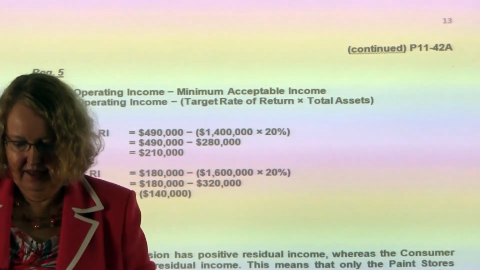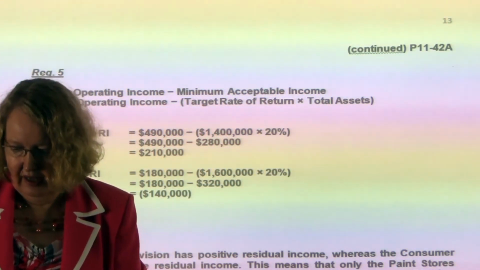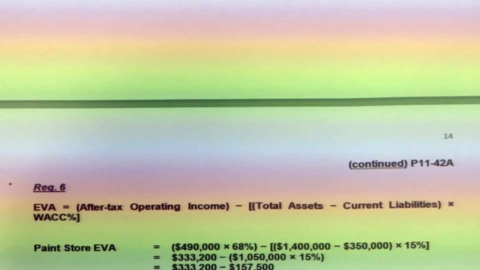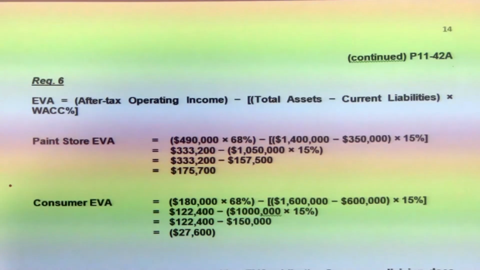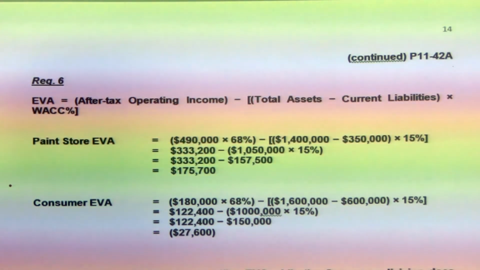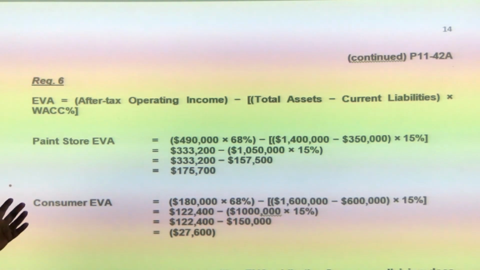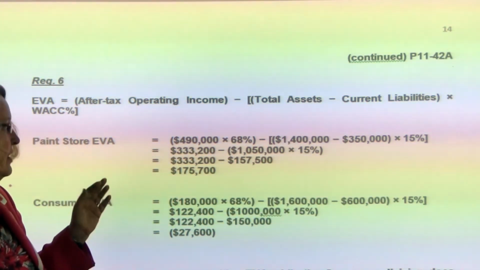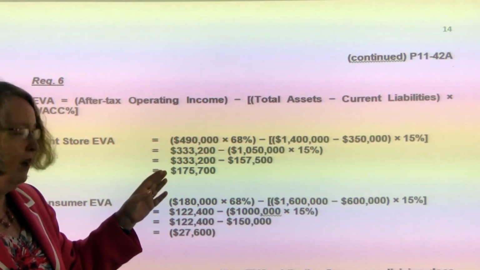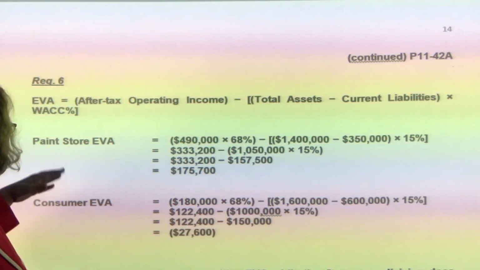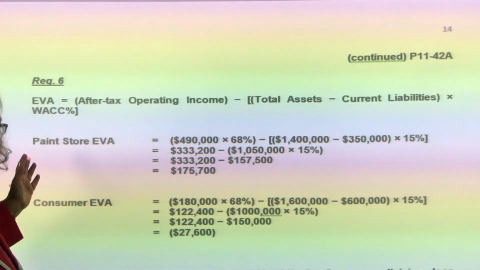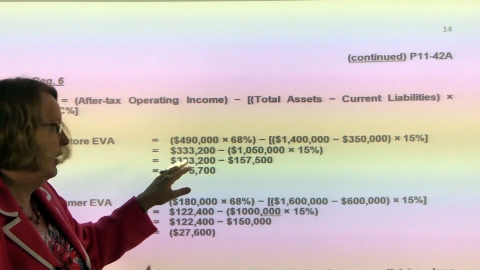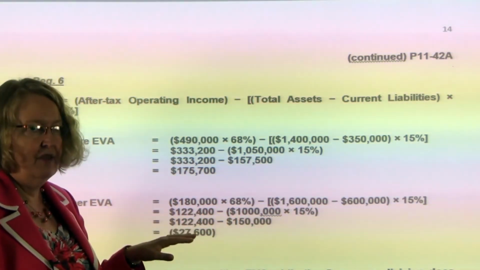Requirement 6 is to calculate the economic value added for each division. So your economic value added is defined as your after-tax operating income less the difference between total assets minus current liabilities times your weighted average cost of capital. So your after-tax operating income, you're going to take your income times your after-tax rate.